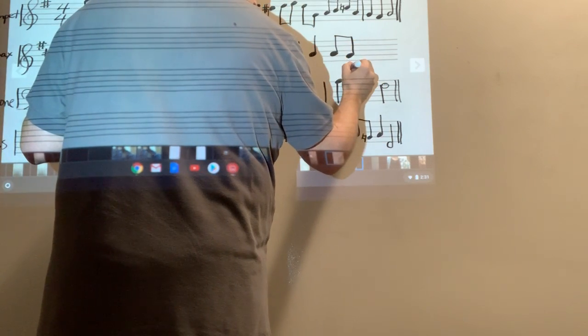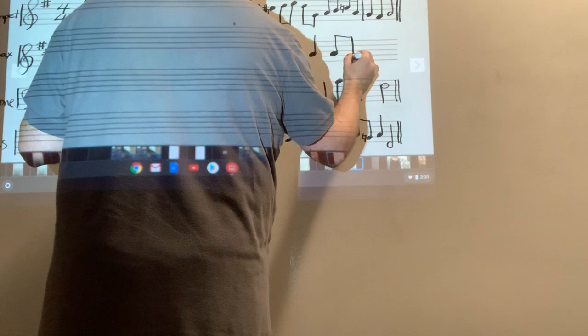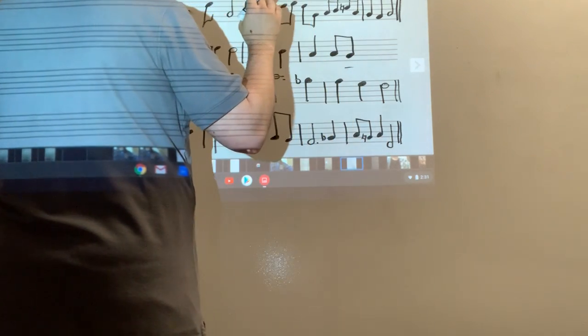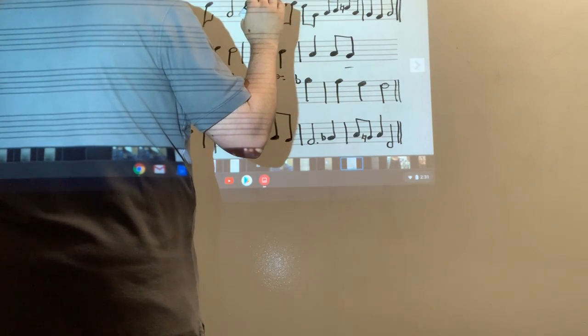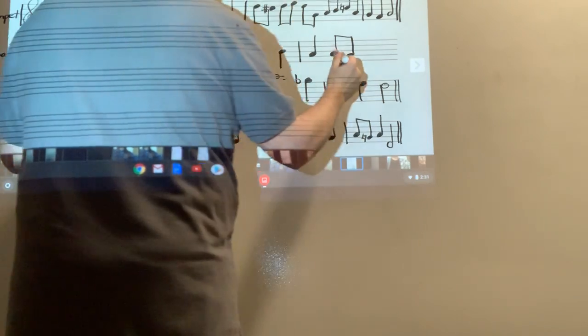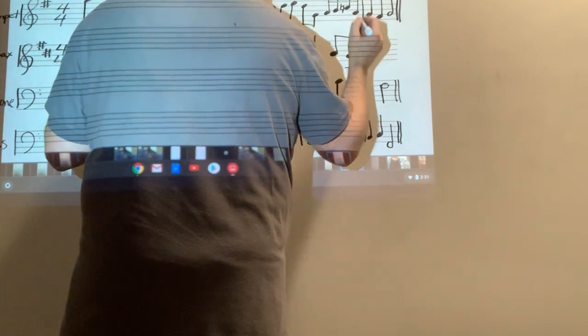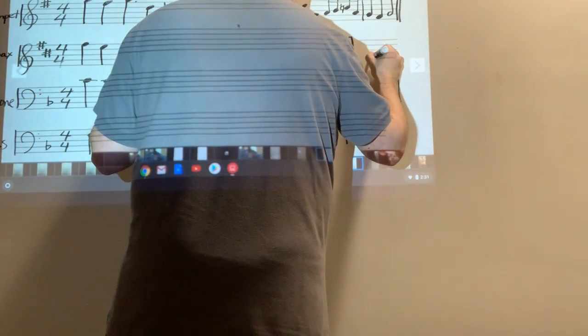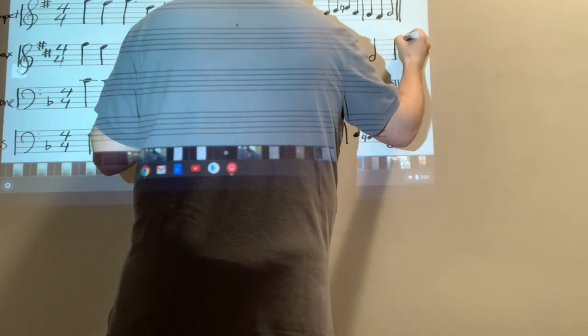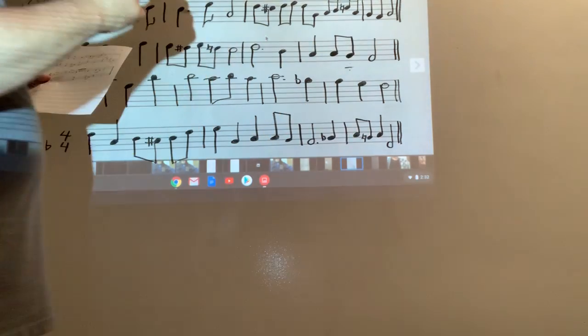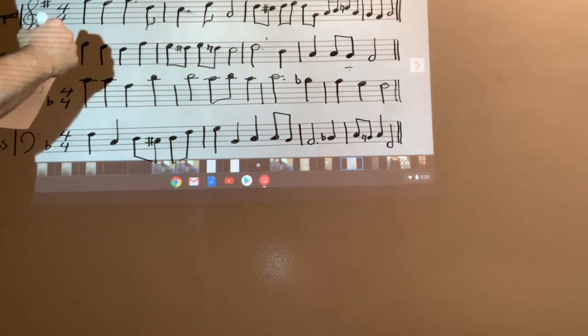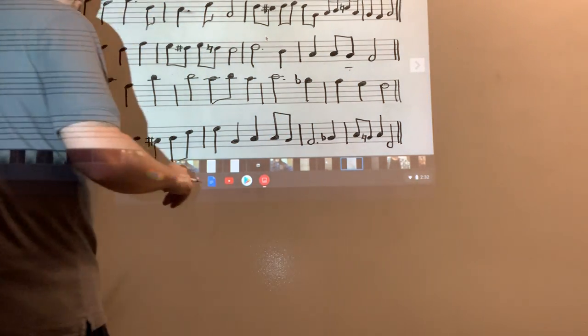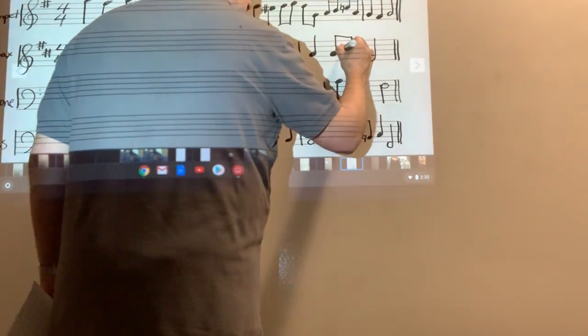Let's see, from C it's 1, 2, 3, 4, 5. I'm sorry, for B it's 1, 2, 6. The last note is definitely F sharp. Yeah. So this does have to be G flat.